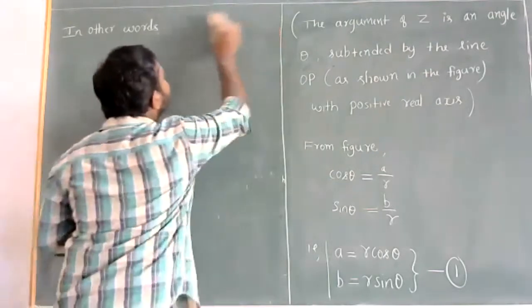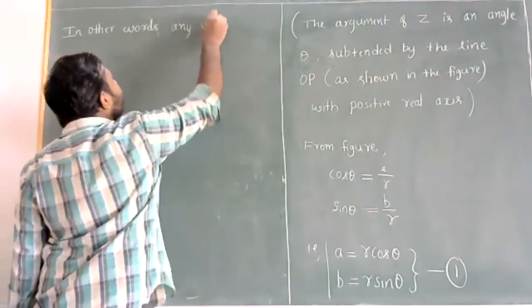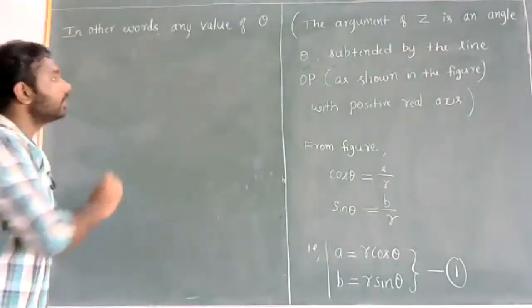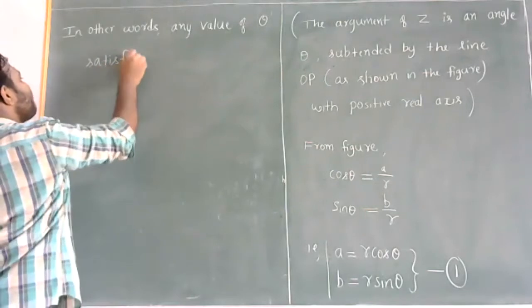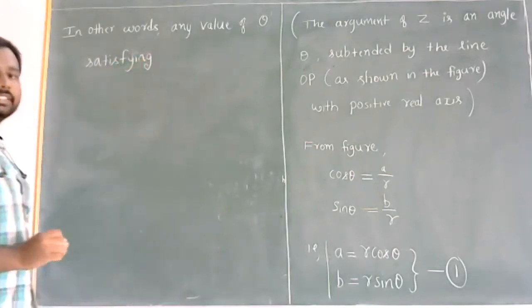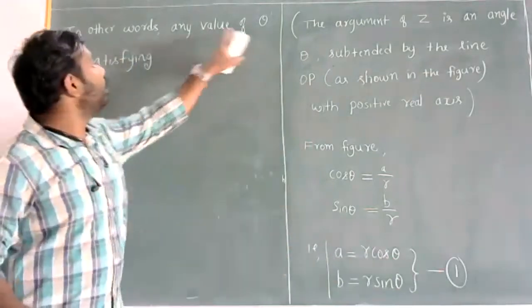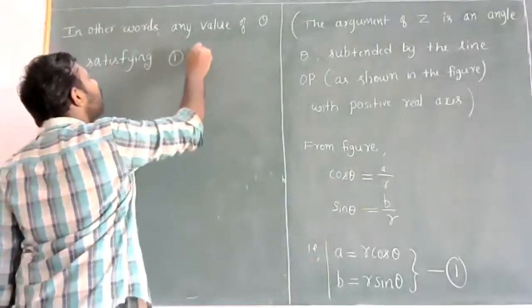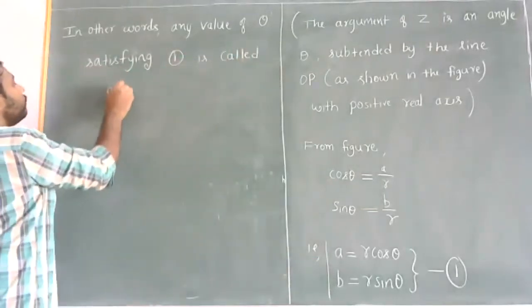or you can start like this: any value of theta satisfying equation 1. That is, any value of theta satisfying this set of equations is called argument of z.